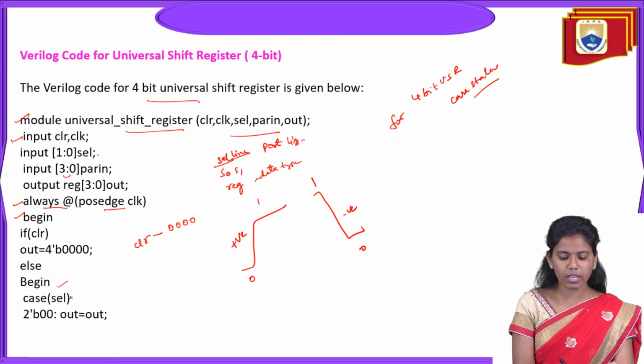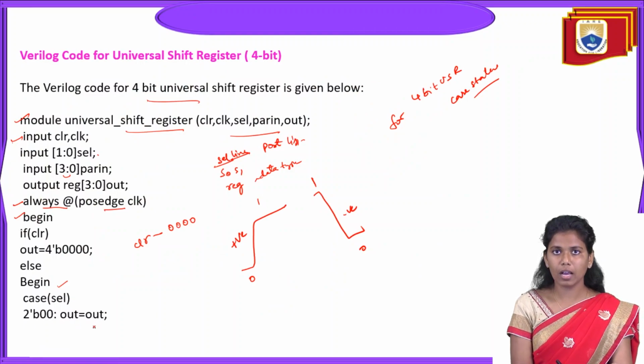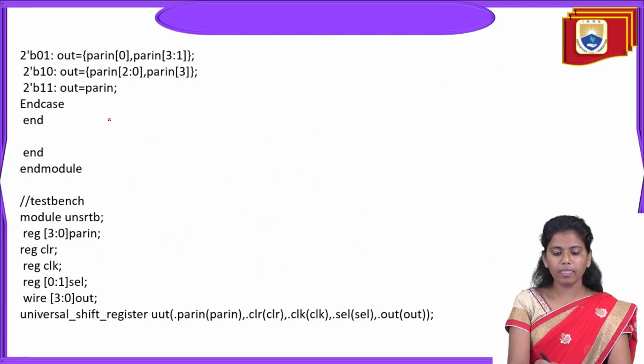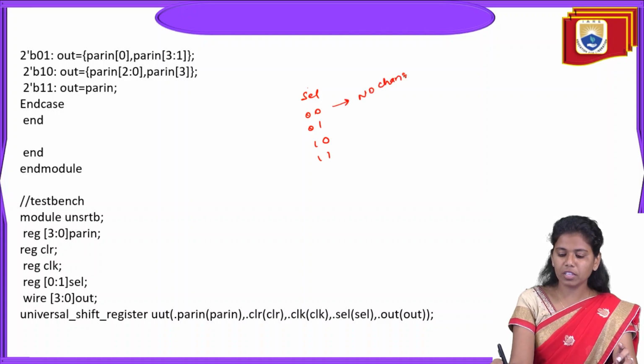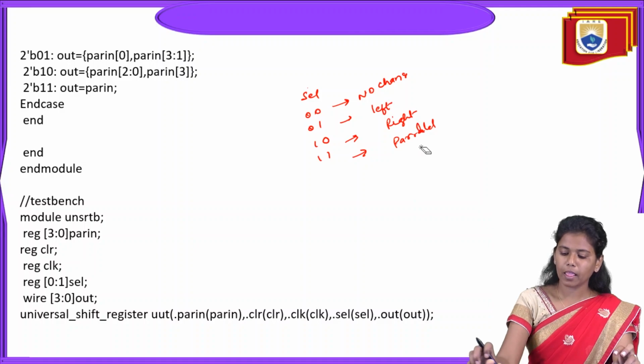In the Verilog code, case selection, 2 bits of data out equals out, and here we are getting the output with respect to the selection lines 00, 01, 10 and 11. For 00 it is no change, for 01 it is a left shift, for 10 it is a right shift, and for 11 it is a parallel load.